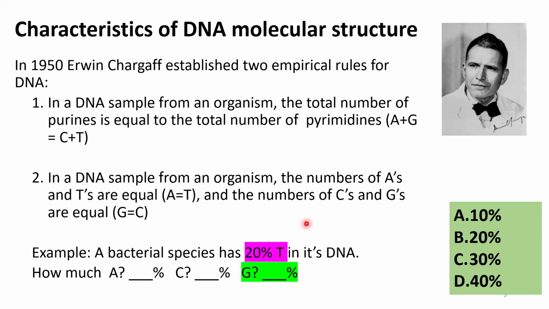All of this adds up to 100, so if you take the 40 out of the 100, that's 60, and then 60 divided by 2 is 30. So C would be your answer there.